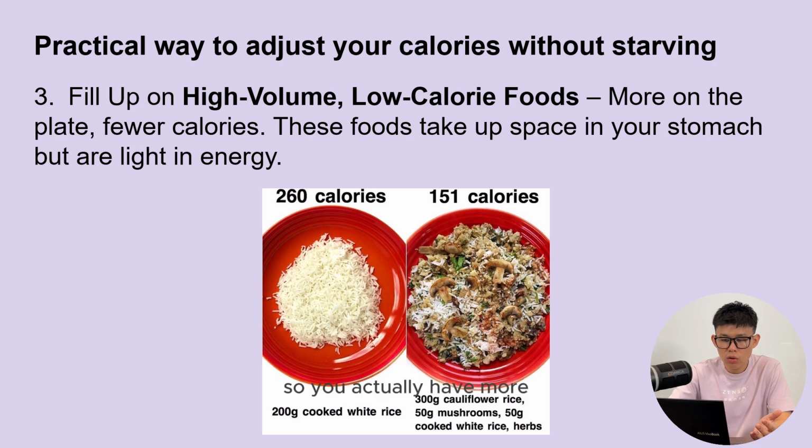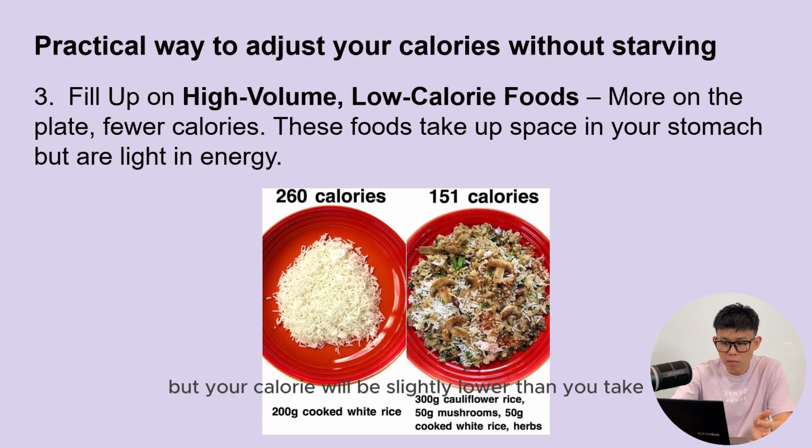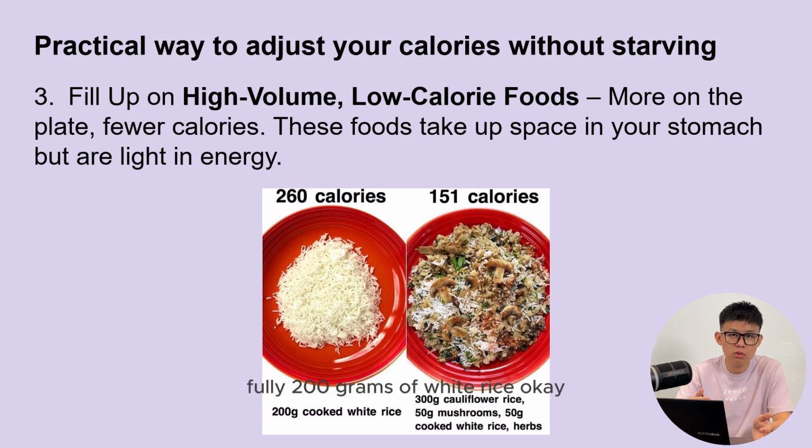So you actually have high volume, but your calorie will be slightly lower than if you take fully 200 grams of white rice. So this is one of the examples.